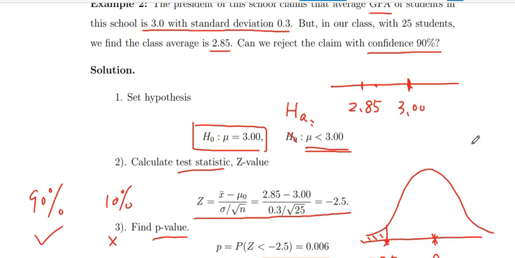The true average, say 3.00, we say cannot be so high. It should be less than 3.00, right?